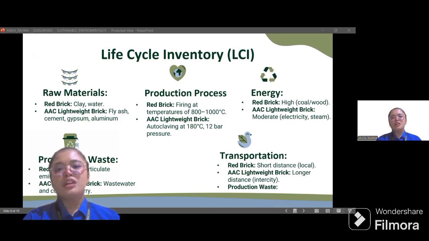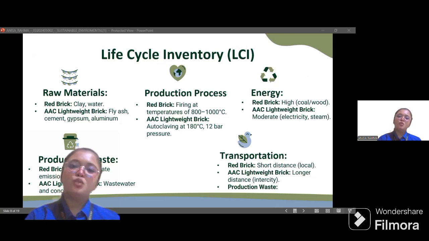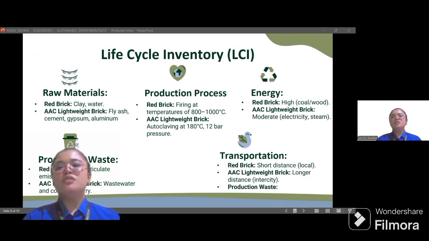Meanwhile, AAC brick waste includes wastewater and slurry, which are residues from the mixing of raw material. If not properly managed, this waste can pollute water sources, although it is often recyclable or further processed.